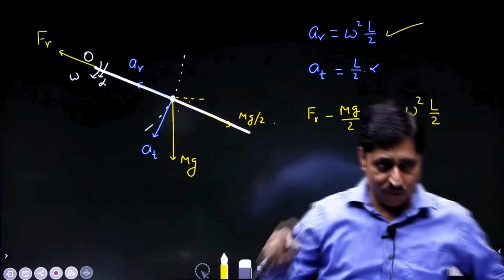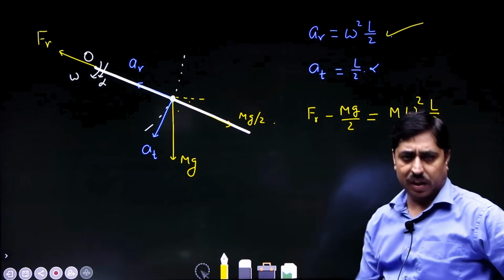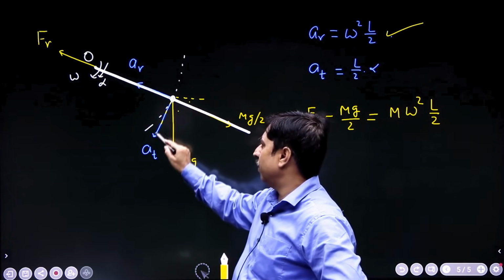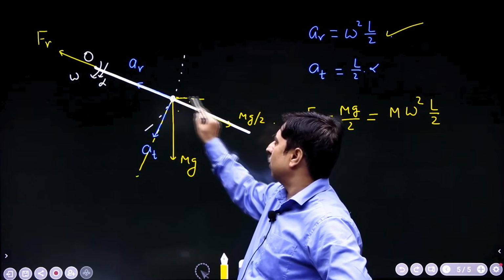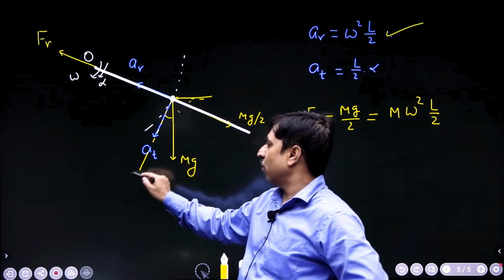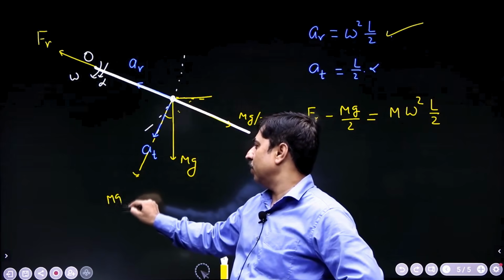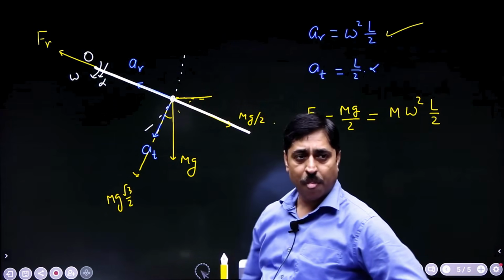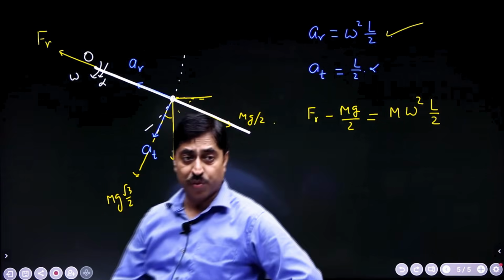Now, let us focus on the tangential direction. In this particular direction, there is a component of mg, this horizontal line, this is 30 degree, this is 60 degree, this is 30 degree. So, component of mg in this direction is mg cos 30 degree, this one, and there is a hinge force of course.